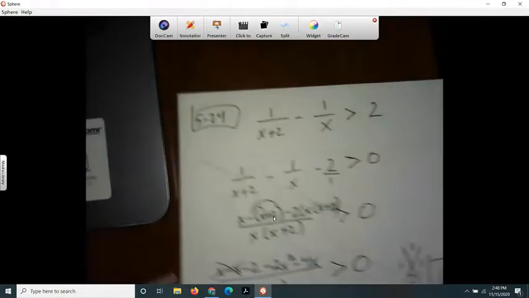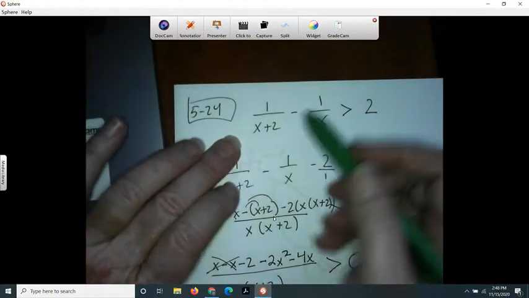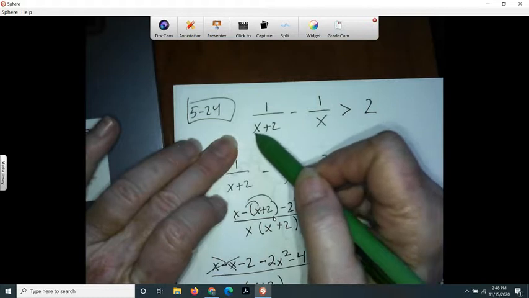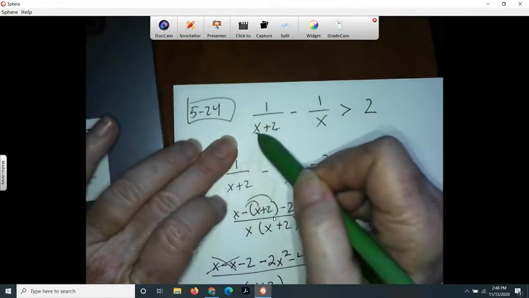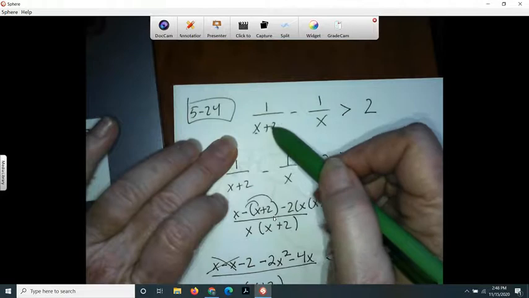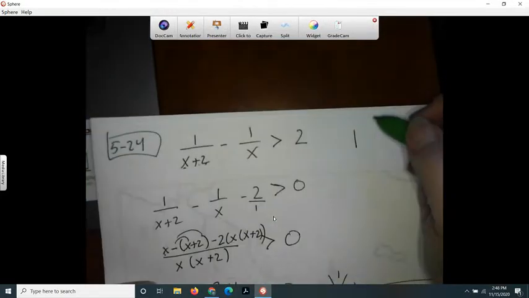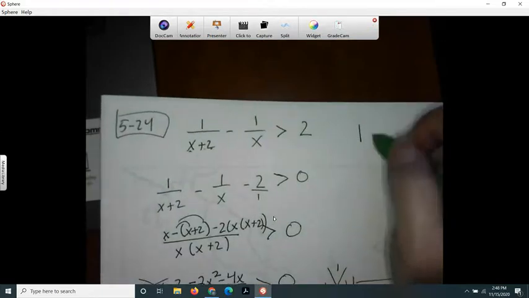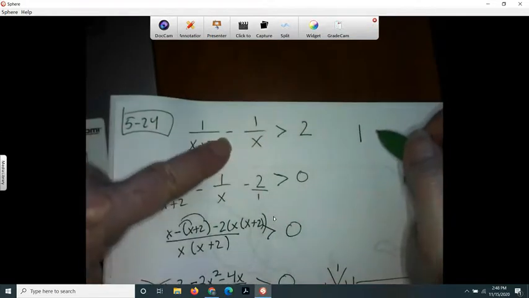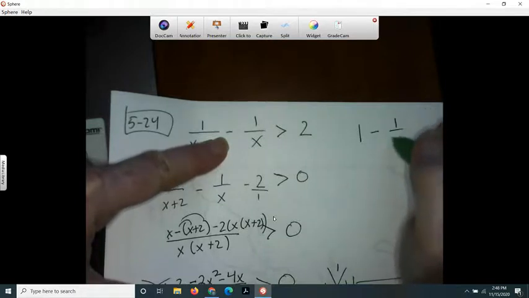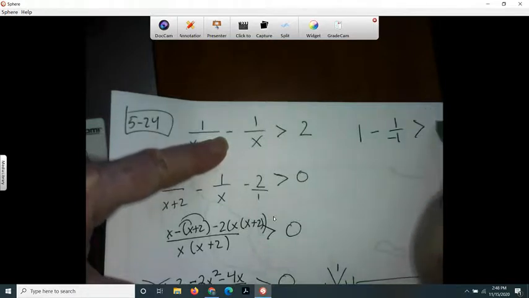So let's try to understand what they just said. If this is -1, then I get 1 over 1. Let me rewrite that over here. So when you plug it back into the original, I think there's going to be a problem. Minus 1 over -1 greater than 2.